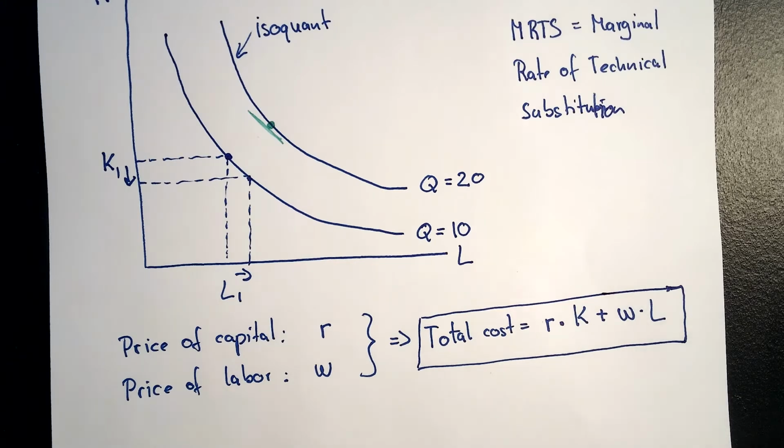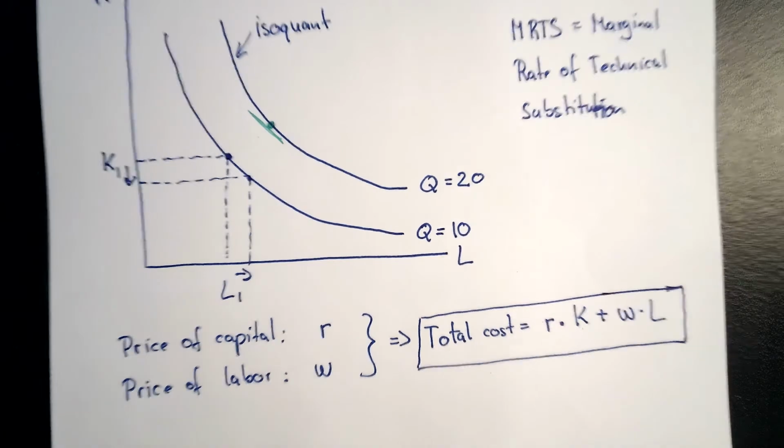Here there are no restrictions on how high K and L can be. We will see that we can determine the optimal combination of K and L, but the total cost is not restricted.